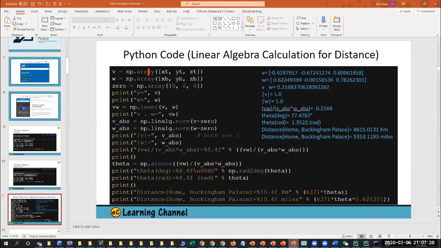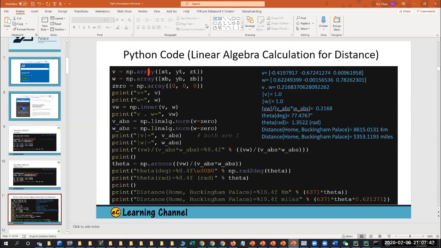And I use the inner product to calculate it. It's actually quite complicated. Got the norm of V and W.